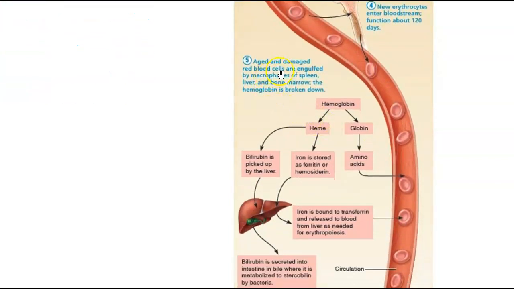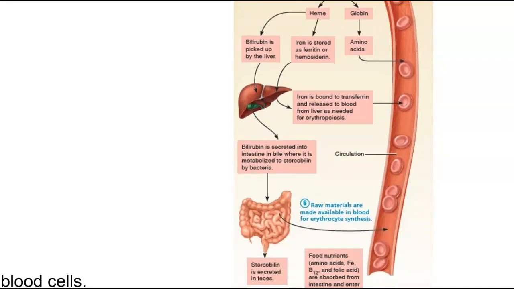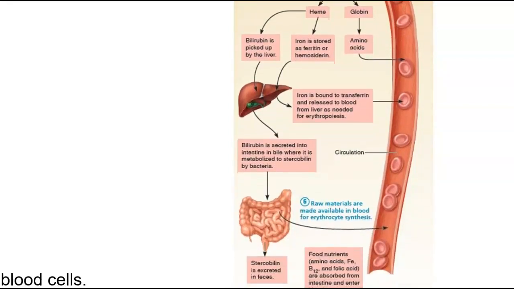And then they age, and aged and damaged red blood cells are engulfed by the macrophages of the spleen, liver, and bone marrow, and then the hemoglobin is broken down. The heme component is broken down into iron and bilirubin, and then the bilirubin is picked up by the liver and used to form bile, which is secreted into the intestine, and then it's broken down into stercobilins.